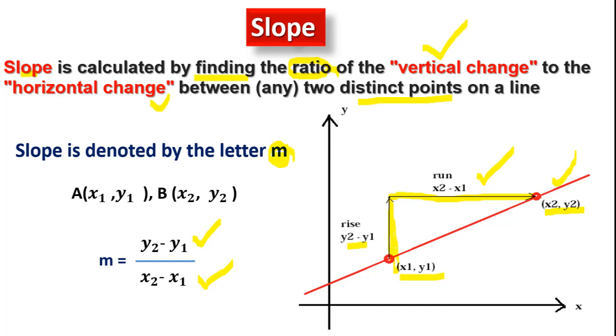Once again, slope is calculated by finding the ratio of the vertical change to the horizontal change. That is the formula m equals (y2 minus y1) by (x2 minus x1). This is the formula you should remember for the calculations.